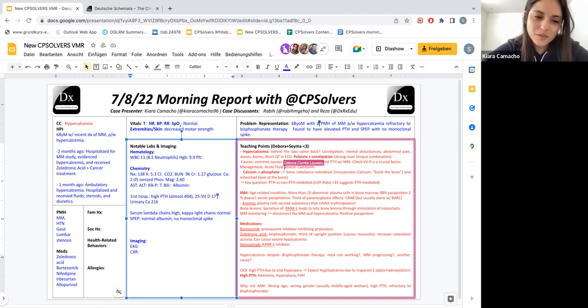Endocrinology consult asked for a CT contrast neck with a 4D protocol, and they showed a nodular density in the posterior region of the right thyroid lobe. So at first, of course, common things are common, but as he had the background of multiple myeloma, they were worried about this being like a plasmacytoma or something bad.